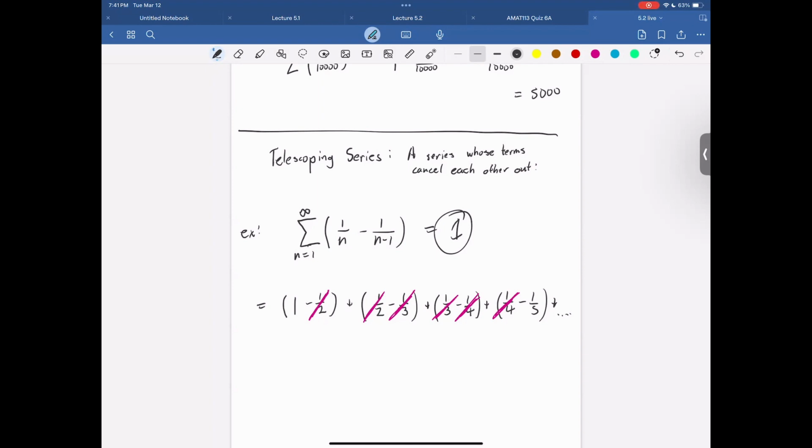And then from there, you can either use an argument using kth partial sums, or you can use the fact that it's a telescoping series or that it's a geometric series. And we'll go further into more techniques for analyzing infinite series in the next class. But until then, I think that's plenty for today.